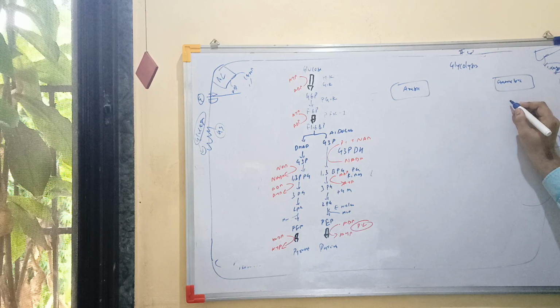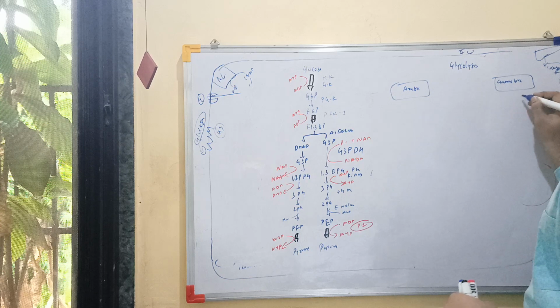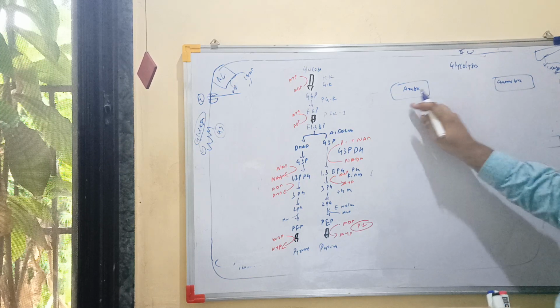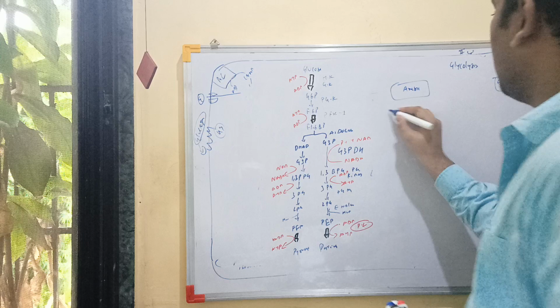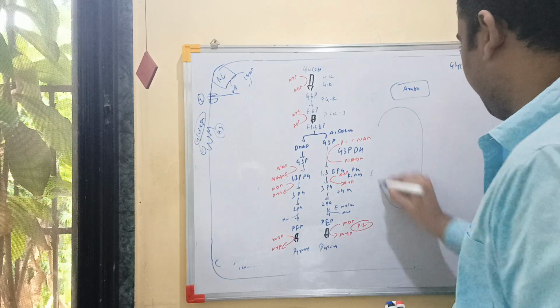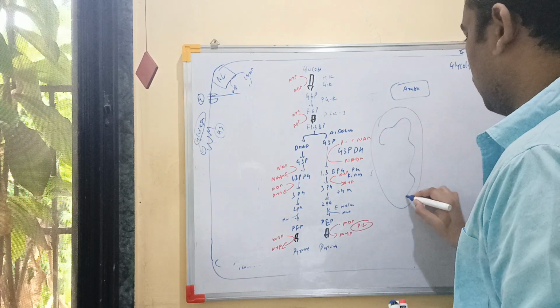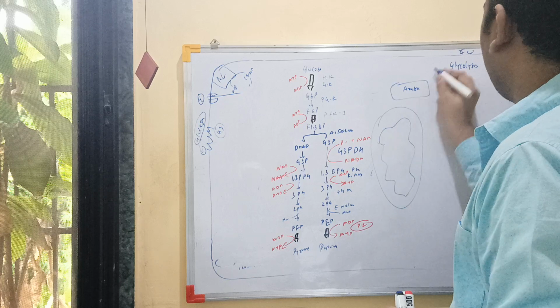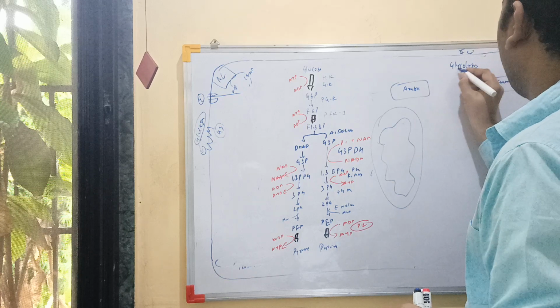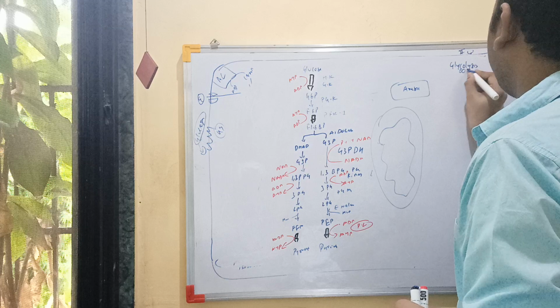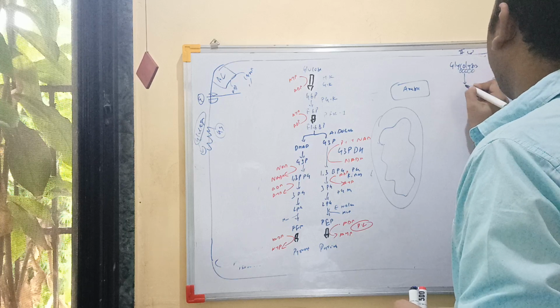If you talk about aerobic glycolysis, you have a mitochondria. Glycolysis means glucose is converted into pyruvate.